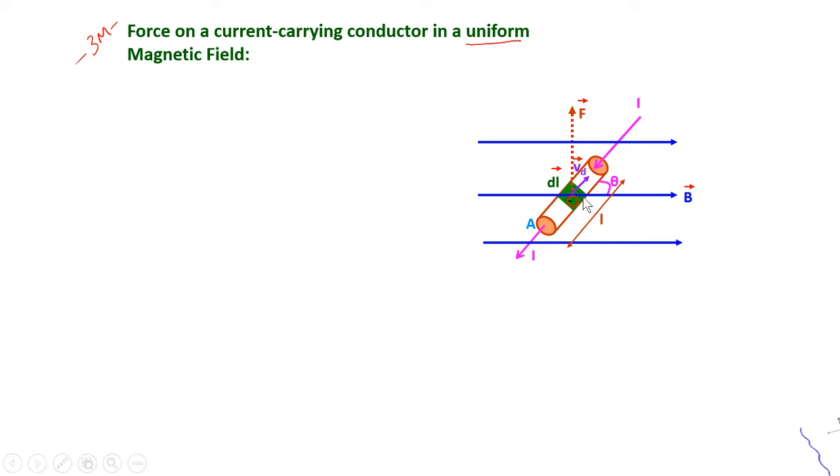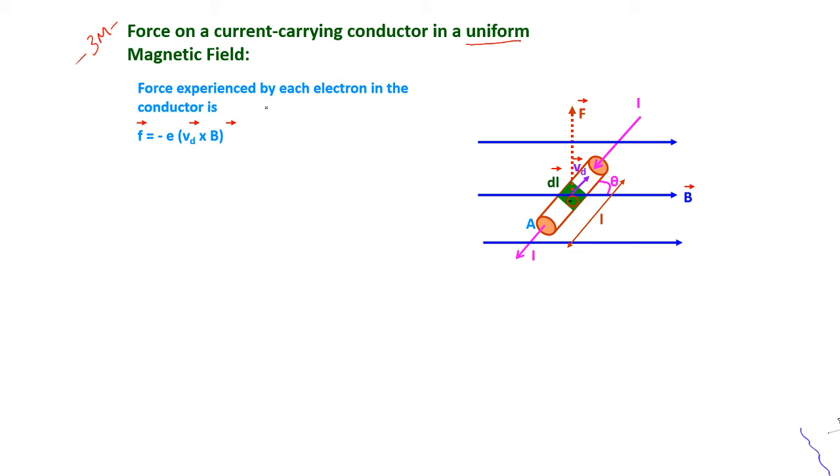Then it experiences a force. That force direction can be found by right hand rule or Fleming's left hand rule. We will see it later at the end of the derivation. So force experienced by each electron in the conductor is F is equal to minus e into Vd cross B. So q into v cross B, the same formula I am using.